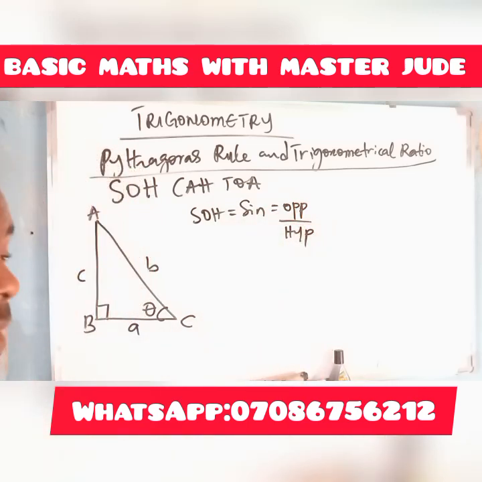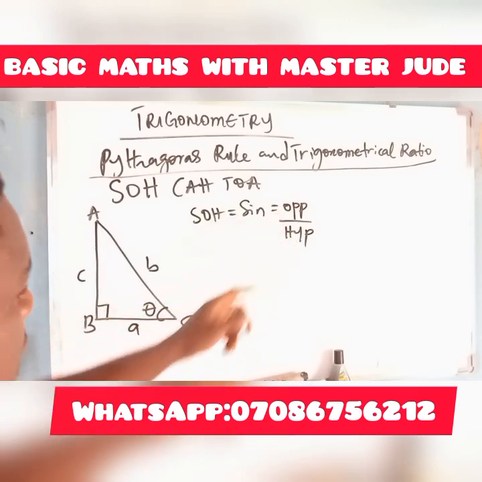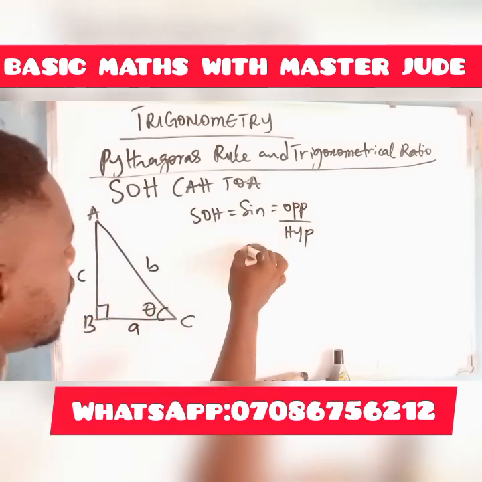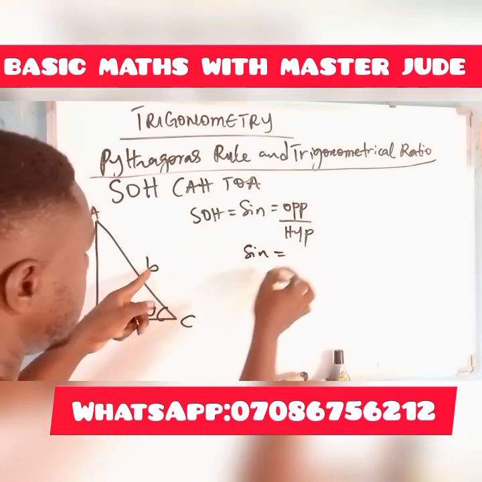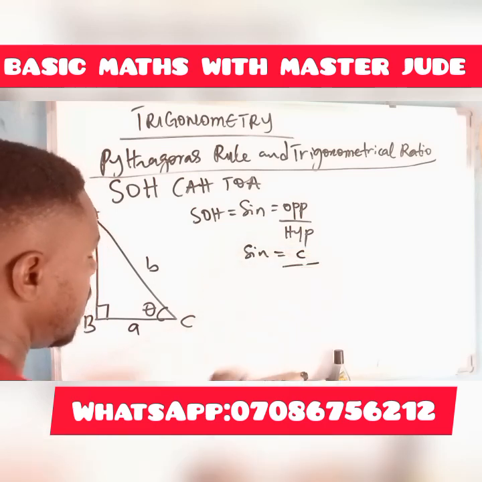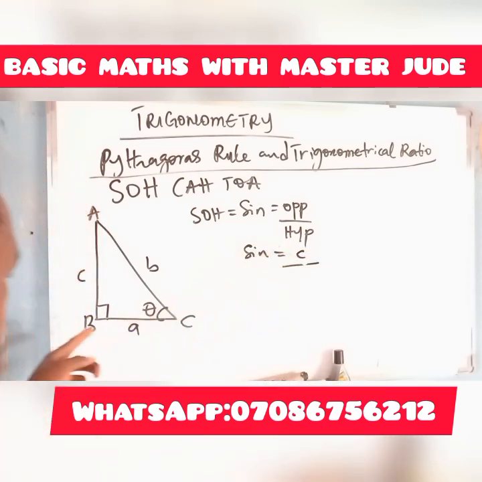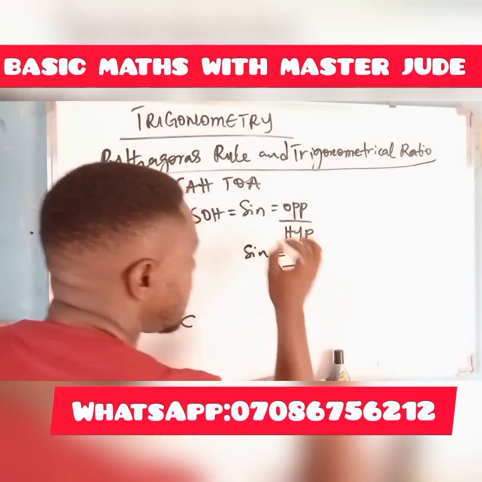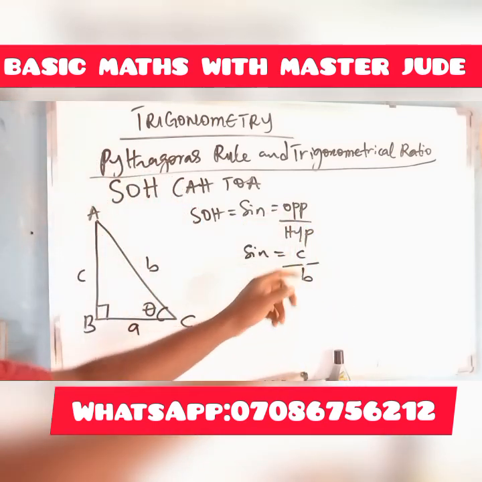Now we'll come to this right angle triangle. Let's identify the opposite side. The opposite side is the side facing the angle theta. So our SOH here is sin theta equals c all over your hypotenuse, the side facing your angle 90 degree, which is b. So your SOH here is c over b.